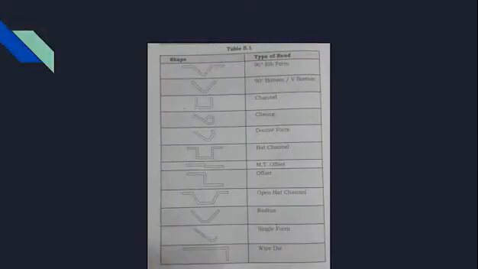These are the different types of bends we can get from the press brake forming: 90-degree rib form, 90-degree V bottom, channel, closing, double form, hat channel, offset, open hat channel, radius, single form, and wipe die are the different shapes.